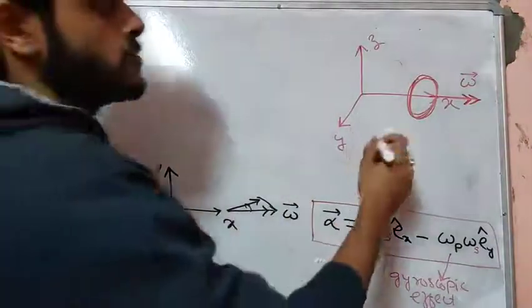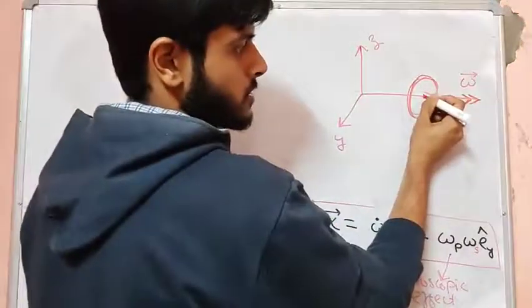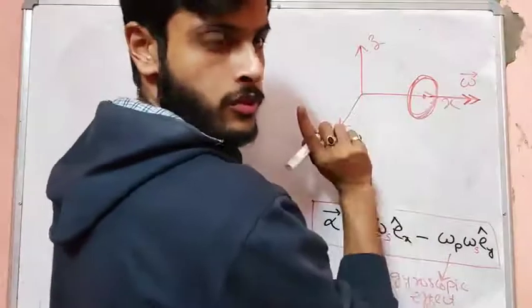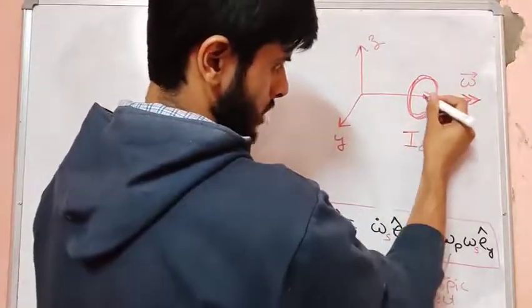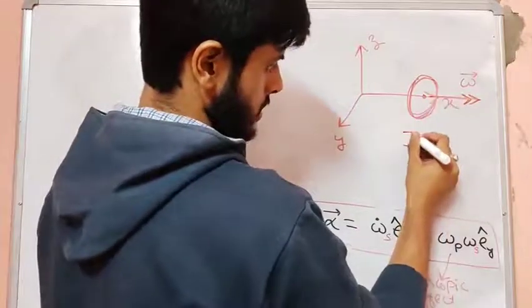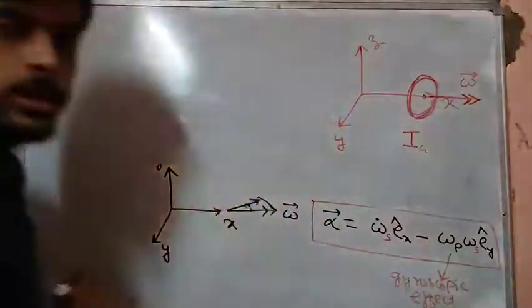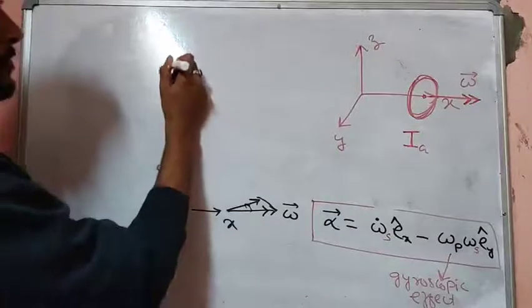The disc has a moment of inertia about this axis, the center of mass axis of this disc, let's say Ig. So what is the angular momentum of this disc?